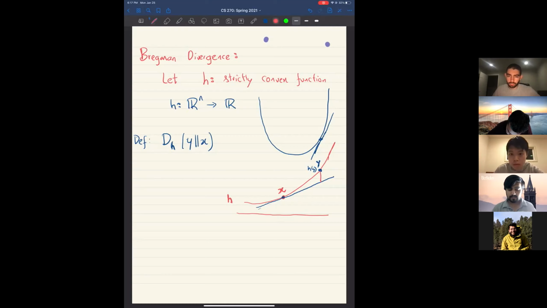So this distance between the linear approximation and your curve, that is the Bregman divergence. That is the divergence d sub h of y from x.